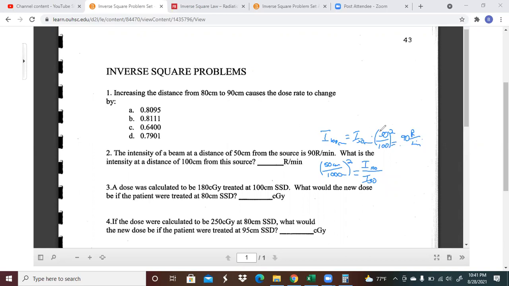I may have to try to squeeze this in here and it may look terrible. So 90 times 0.25.